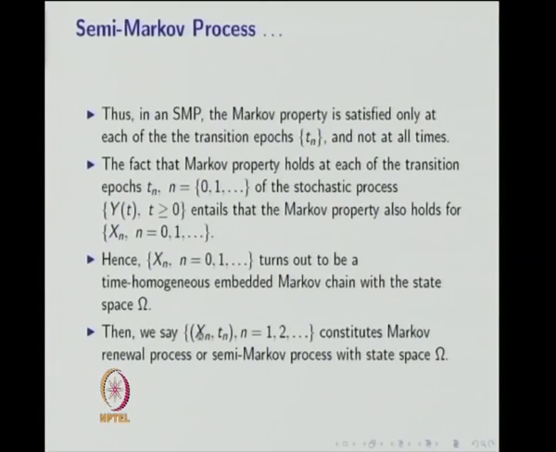Therefore, together Xn, Tn constitute a Markov renewal process because these are all the time points at which the system is moving into different states, and the Markov property is satisfied only at those time points. Therefore, it is called the semi-Markov process or Markov renewal process with the state space omega.